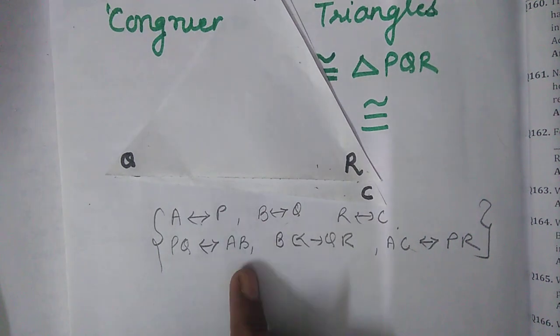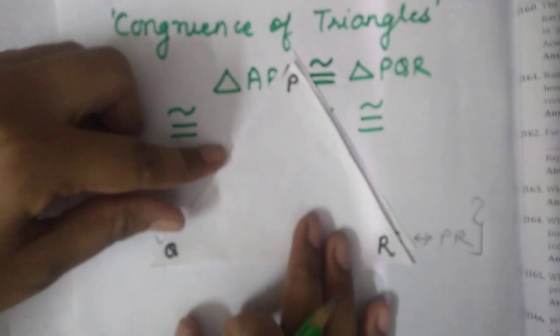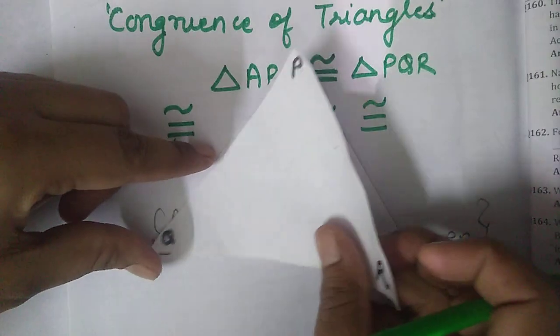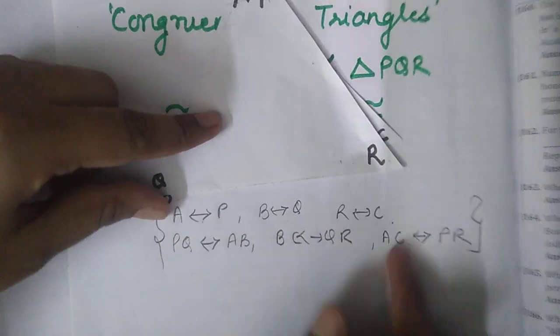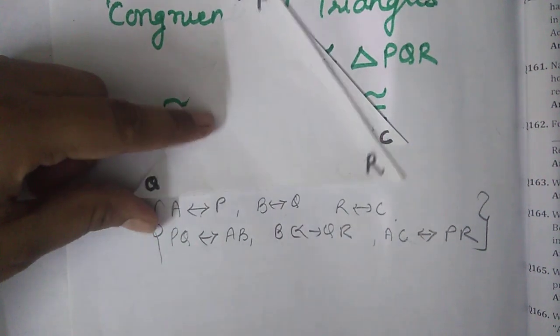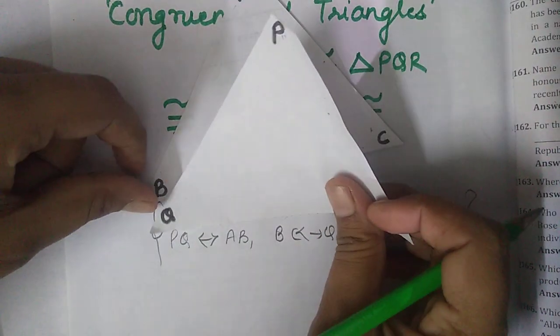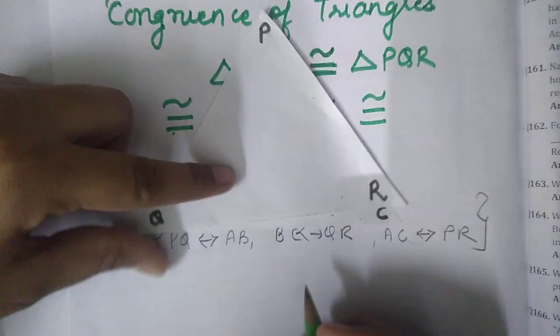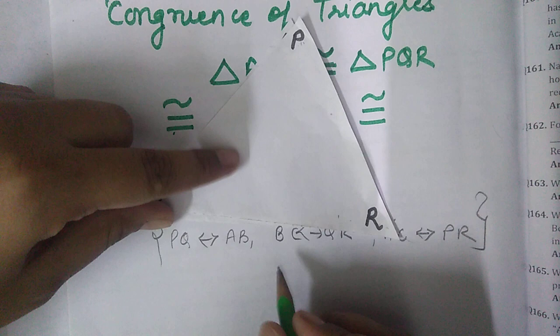These are the corresponding elements of congruent triangles. This we have proved that they are congruent because they are completely overlapping. So these 6 are the corresponding elements of a congruent triangle.